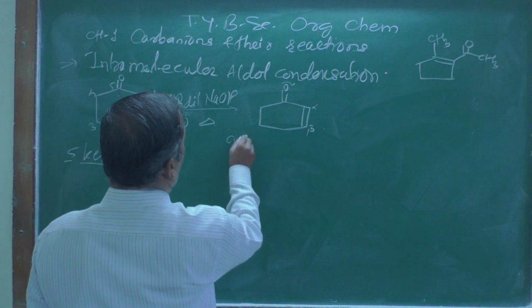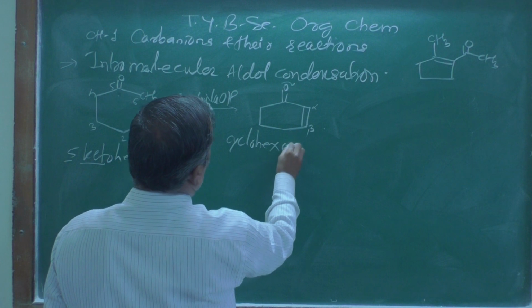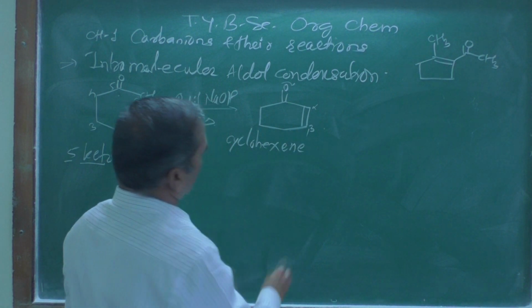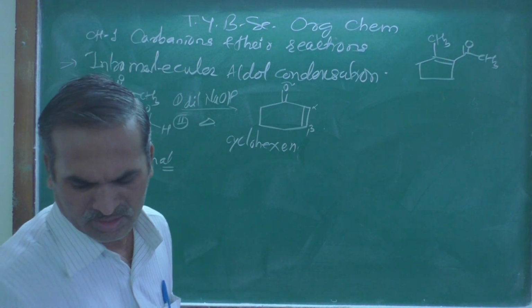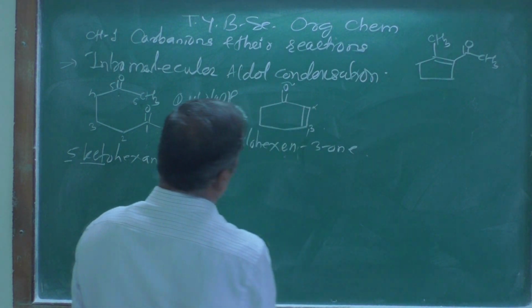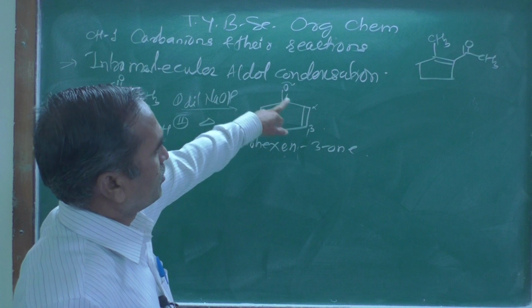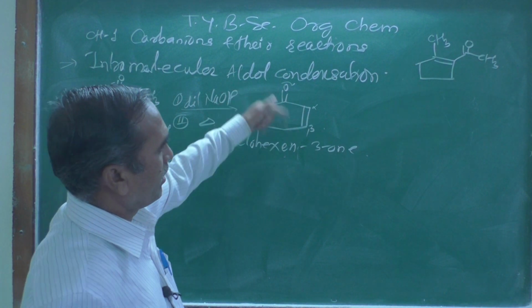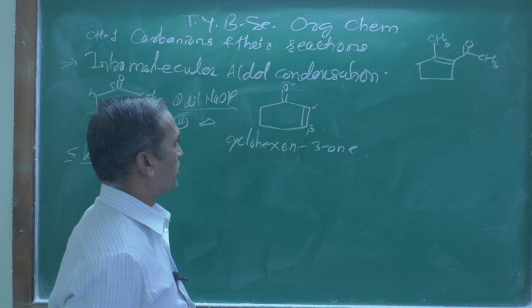The name: cyclo means cycle, hex indicates 6 carbon atoms in the ring, ene indicates there will be a carbon-carbon double bond, and 3-one.